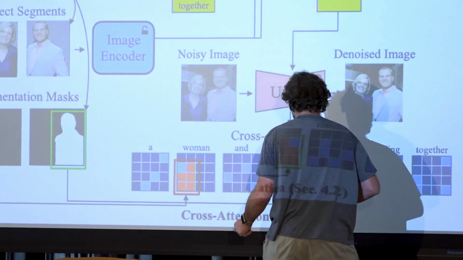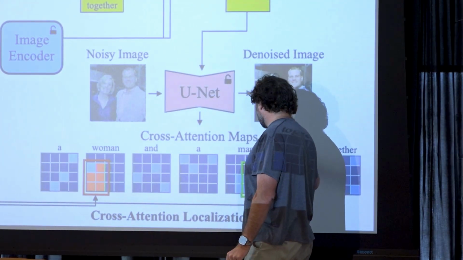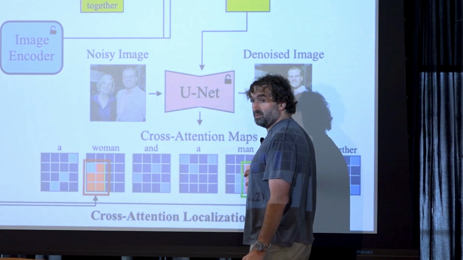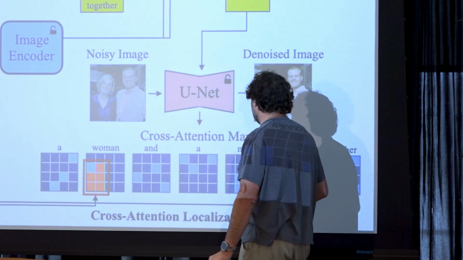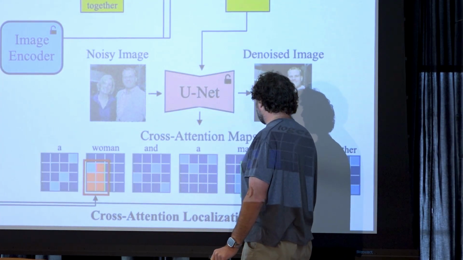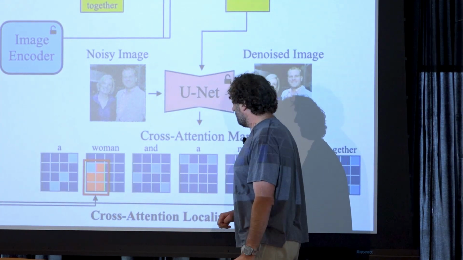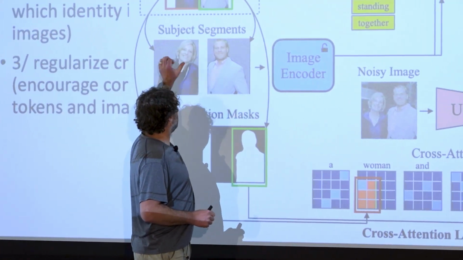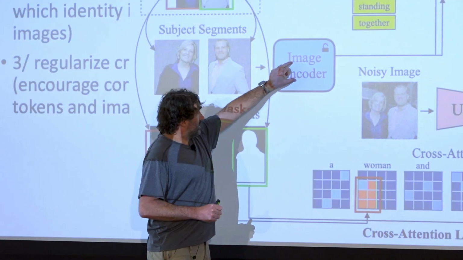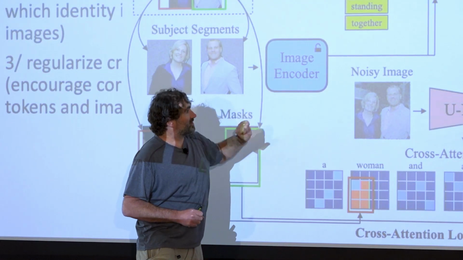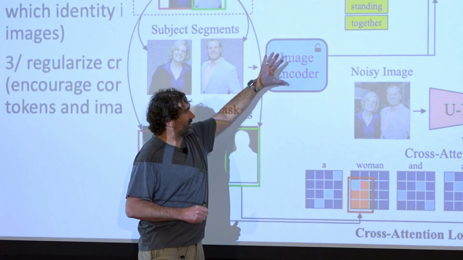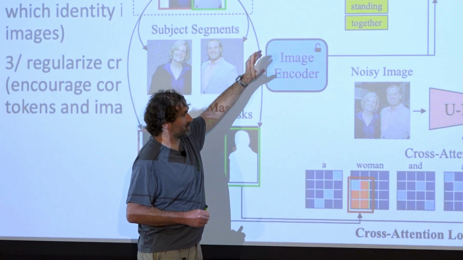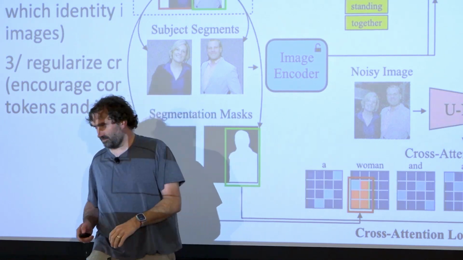Similarly, we are going to force the cross-attention for the text token man to be limited in the image to the area where we know the man is. So we're going to tell the model at training a little more about what we know about the correspondences between the text and the image, and that's going to help a lot. And then, as I said, we're also going to take these individual pieces, send them through an image encoder, which is going to help encode the identity of the person and replace these purely text tokens by something that's richer and that's learned by the network.